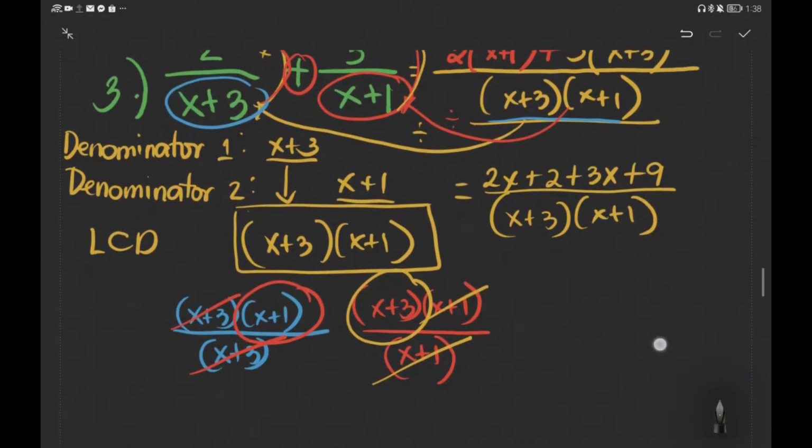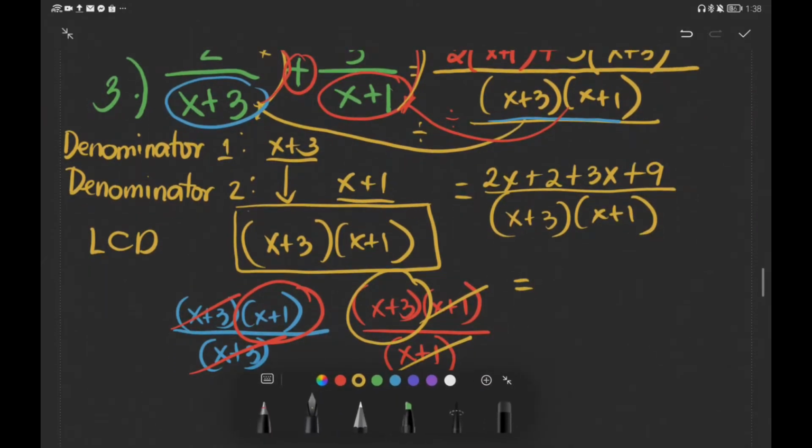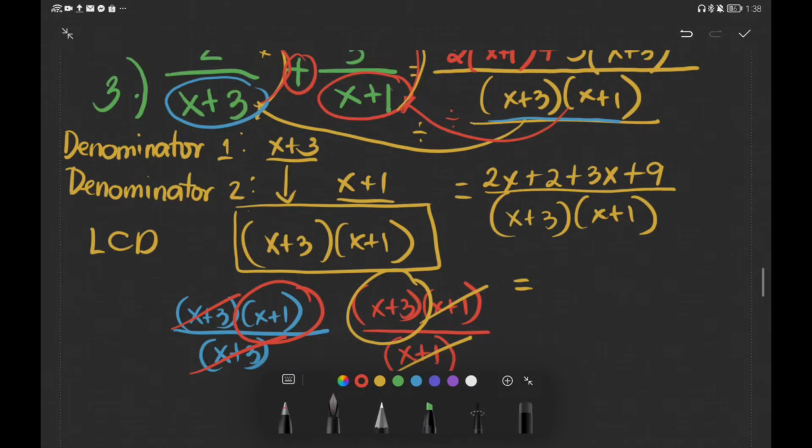Now, let's combine like terms. Which are the same? 2x and 3x, they are the same, because they have the same variable x. So, add the numbers. 2 plus 3, that is 5. And we copy the variable x. The second like terms, positive 2 and positive 9, because they have no variable.